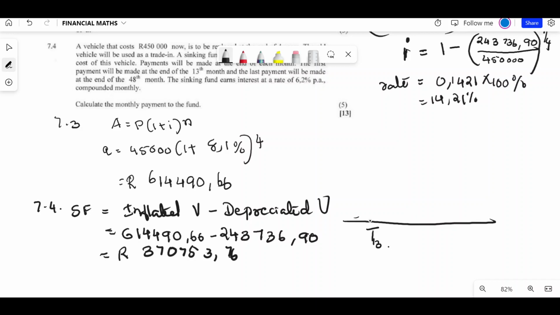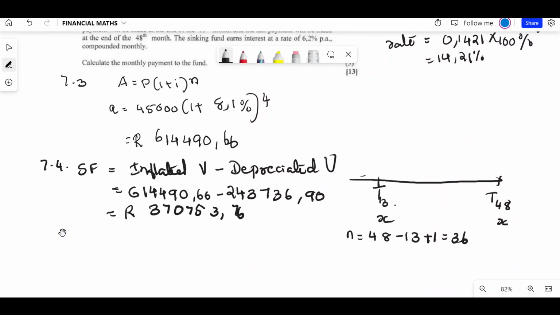We are not drawing the whole timeline, and the last payment was at T48. This is the meaning of it. So I told you how to find the n in such cases. So the n will be 48 minus 13 plus 1, which is 36 payments. So in future value formula, only one thing to remember, how to get the n correctly.